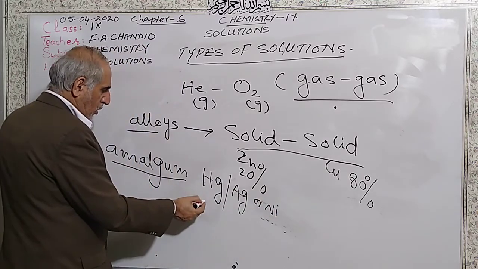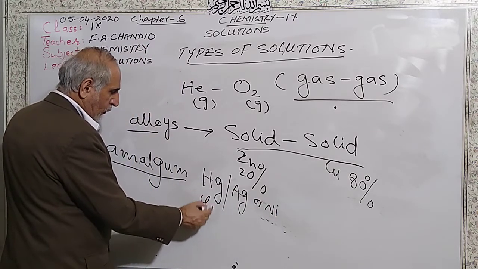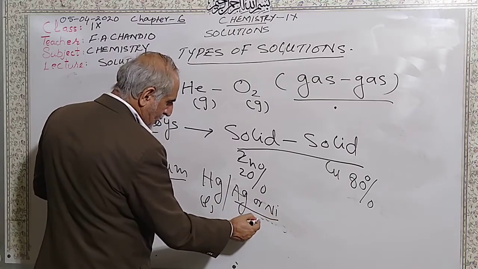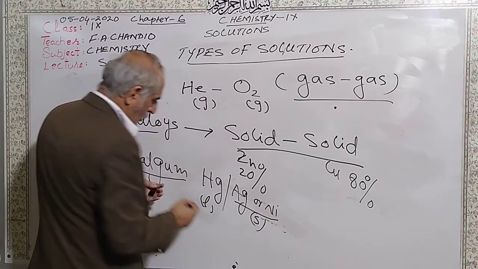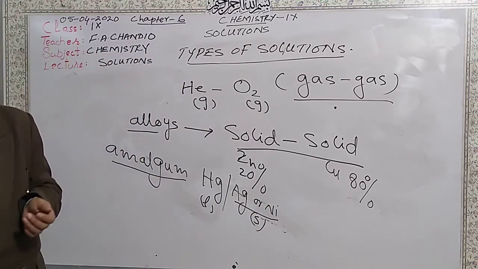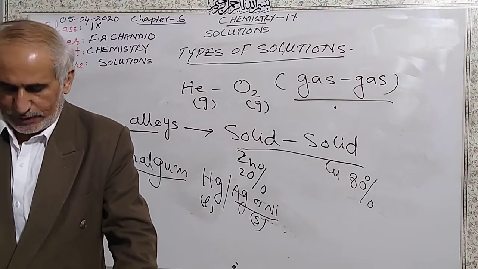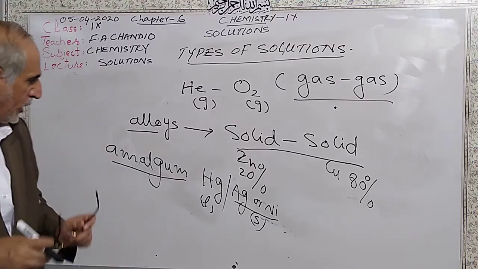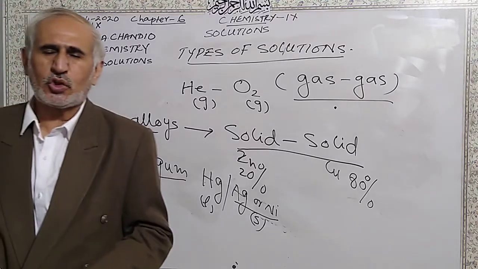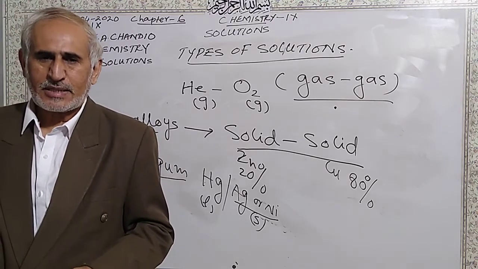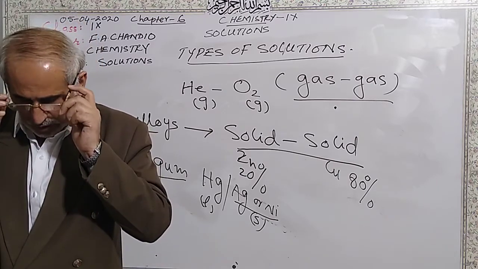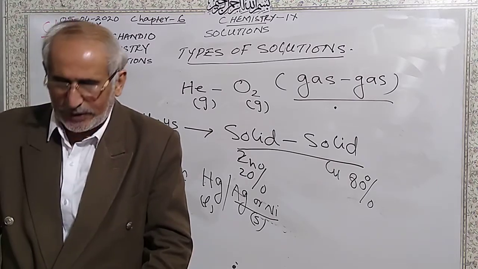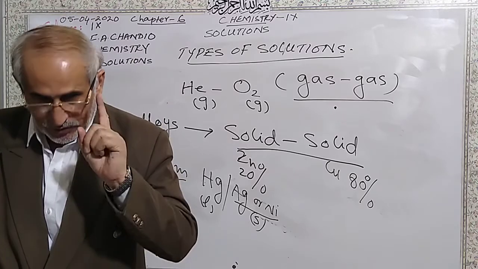And I told you mercury is in the liquid form and these two metals are present in the solid form. This is an example of liquid in solid. The answer is a liquid in solid and the state of the solution is solid. I am talking about C.